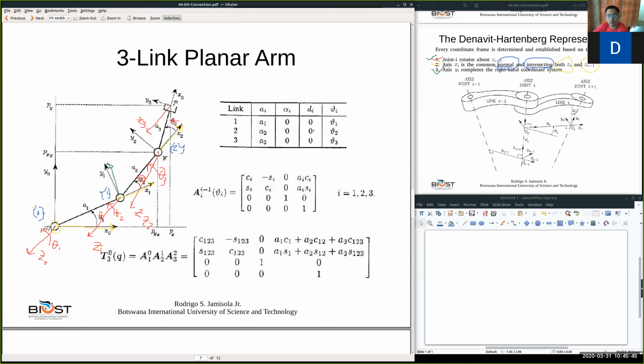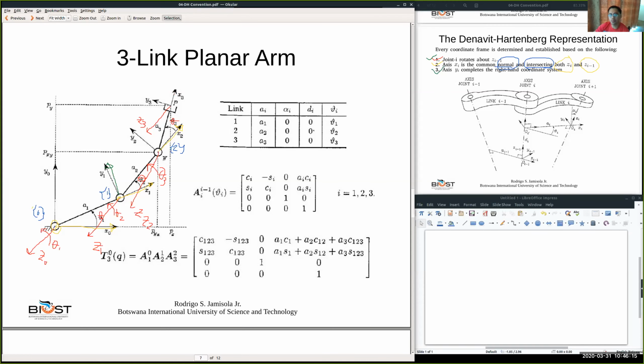So as a rule of thumb, we can say that normally we put the end effector frame at the tip of the hand, and the Z of the end effector is parallel to the Z of the n minus 1 reference frame, and then the X3 axis follows the rule that it intersects the Zn axis as well as the Zn minus 1 axis.